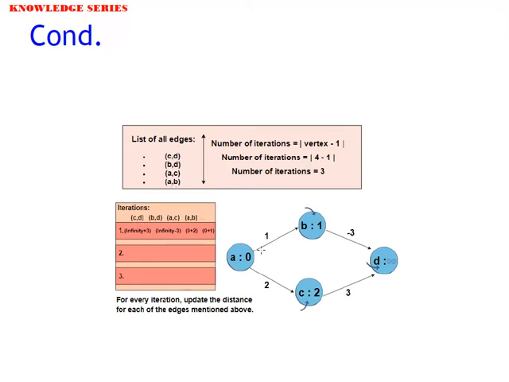In the first iteration, you can see that for C to D it has been shown as infinite, and with respect to 3. If you take BD, it is infinite and -3.